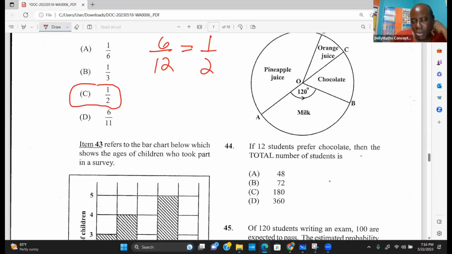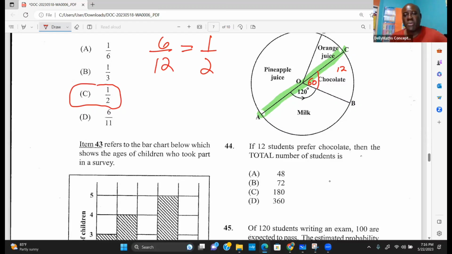All right. What did we get? We get 12 students prefer chocolate. Here's chocolate right here, so I'll put 12 here. But the thing is, this is a straight line, so that means 120 out of the 180 would leave you with 60 here. There are many ways to solve this problem.